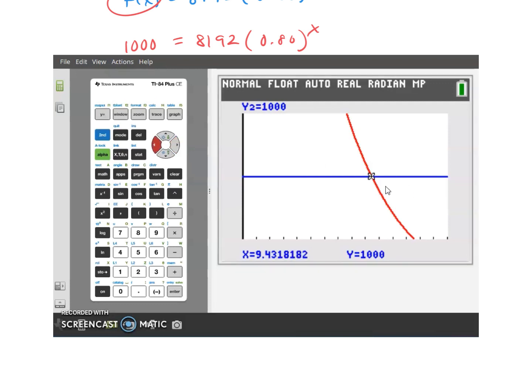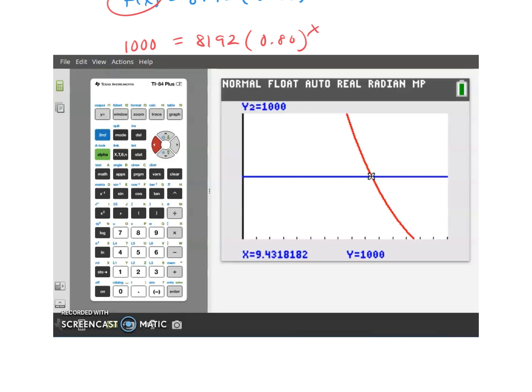I feel like it's that right there. So now we're seeing that after 9.4 days, that's when her number of likes is 1,000. So as we increase our number of days, that's when it will dip below. So we would say right around after 10 days, we won't do a decimal. After 10 days, she will have less than 1,000 likes.